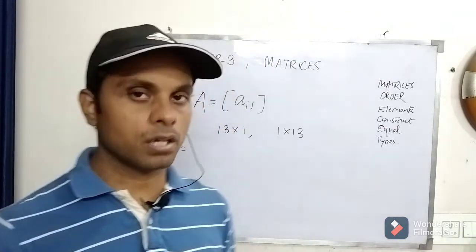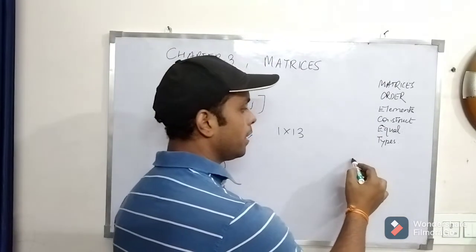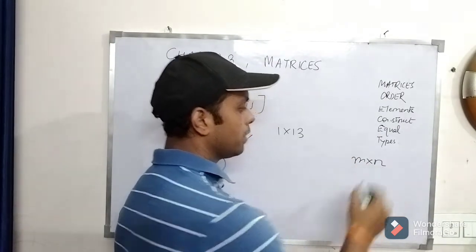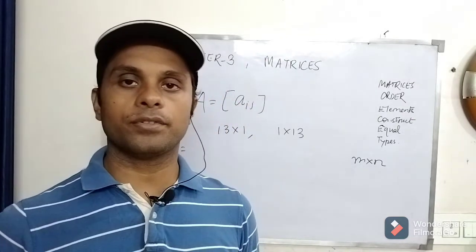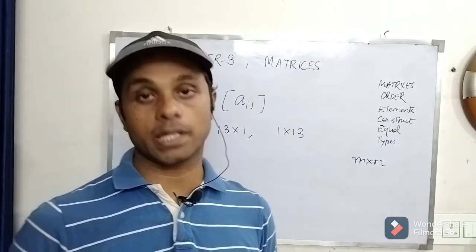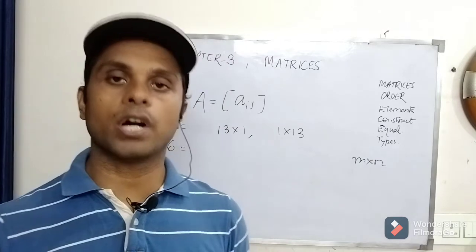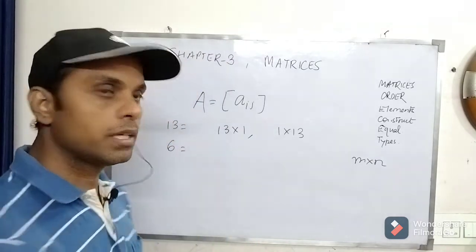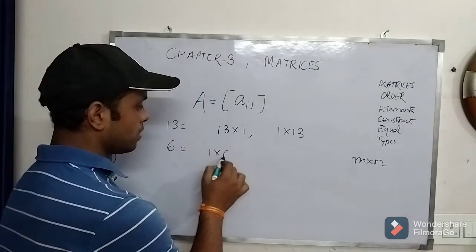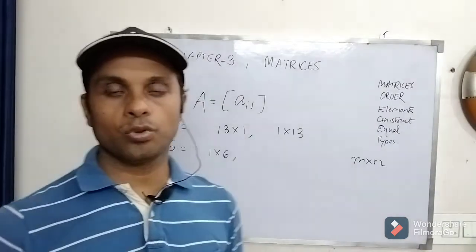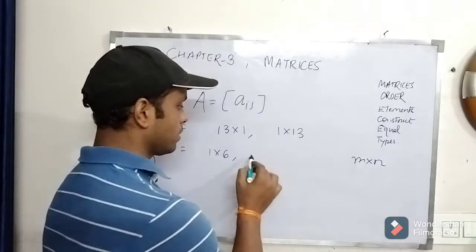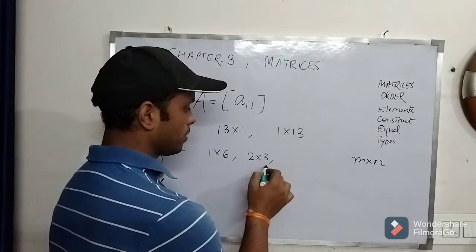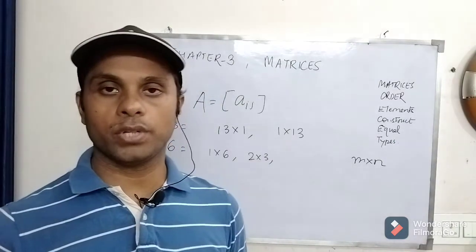As we know, the order of a matrix is basically m by n. That means the product of two numbers should be 6. So let's start with 1. 1 by 6 is 6. 2 by 3 is 6. 3 by 2 is 6.